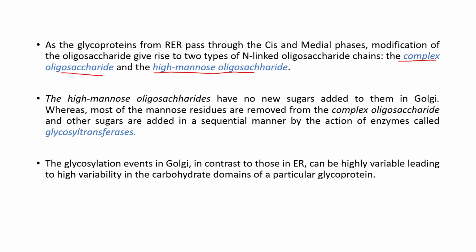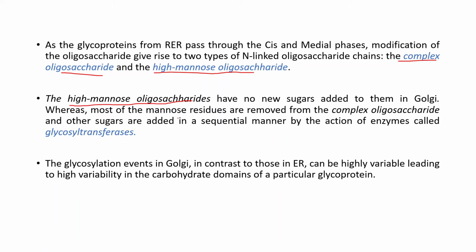Now, what do you mean by the high mannose oligosaccharide? It is nothing but the original oligosaccharide which was coming from the ER with no new sugars added to it in the Golgi apparatus. So if the N-linked oligosaccharide coming from the RER remains as such in Golgi, it is called the high mannose oligosaccharide because it has a lot of mannose residues attached to it.